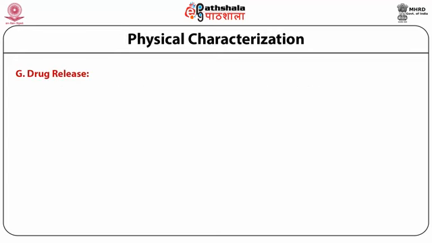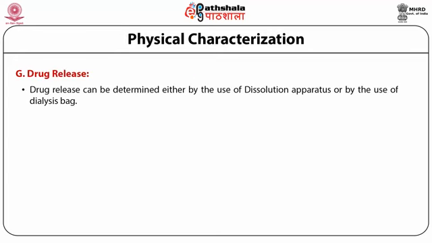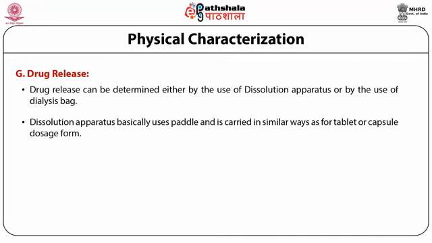Drug release. Drug release can be determined either by the use of dissolution apparatus or by the use of dialysis bag. Dissolution apparatus basically uses paddle and is carried out in similar ways as for tablet or capsule dosage form.